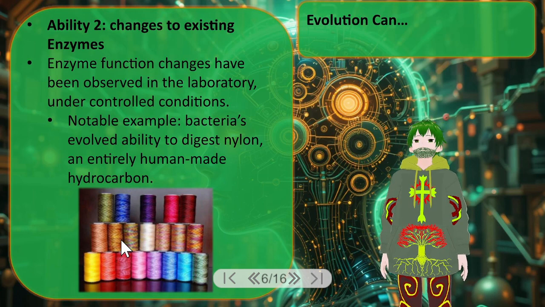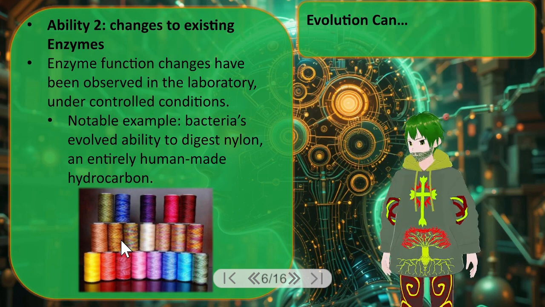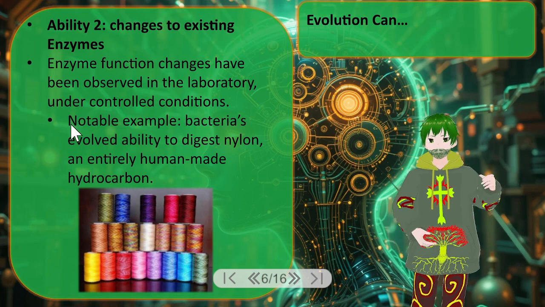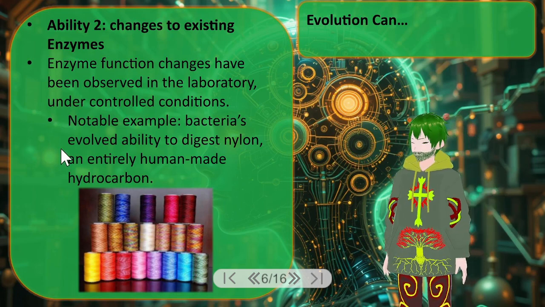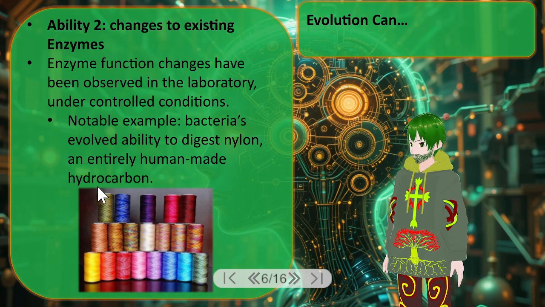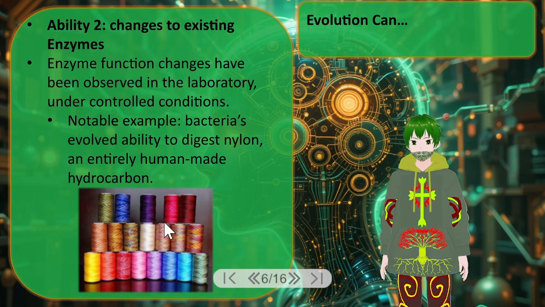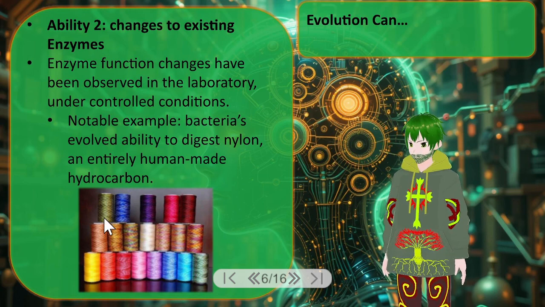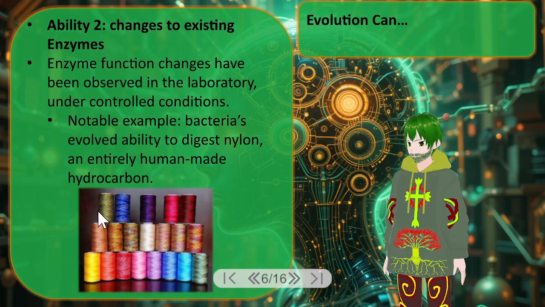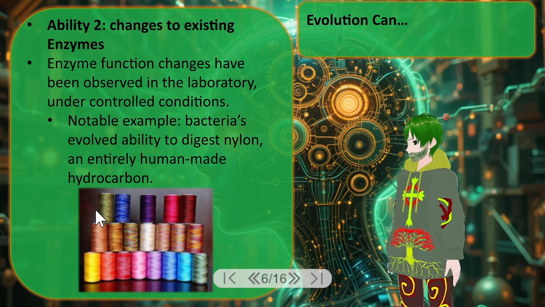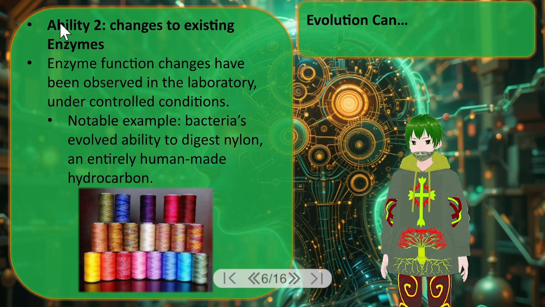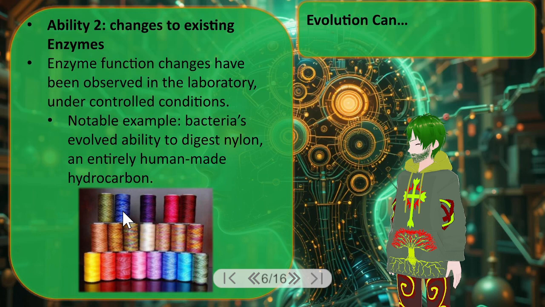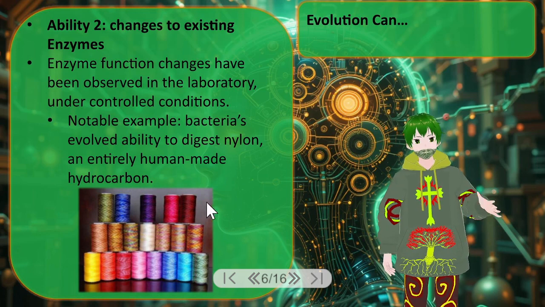Okay, and of course the question is how many mutations were required. Bacteria have the ability to digest many hydrocarbons of many different types, so it may have required only a very minor alteration to the active site for an enzyme that catalyzes a reaction with a different hydrocarbon, because nylon is a synthetic hydrocarbon.